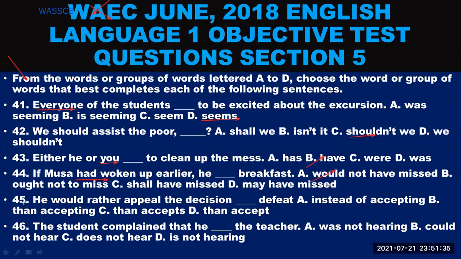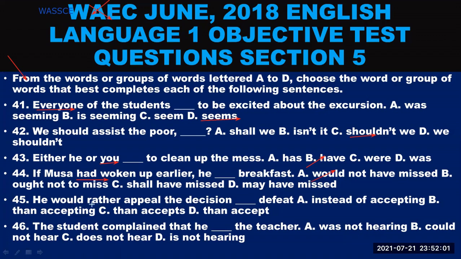Question number 45. He would rather appeal the decision dash defeat. Now, again, we have to learn the rule of collocation. If you check the description section, you will find a video that explains the grammatical principle of collocation.